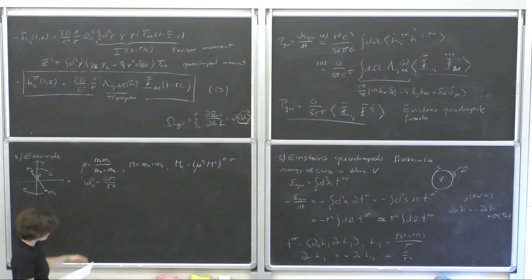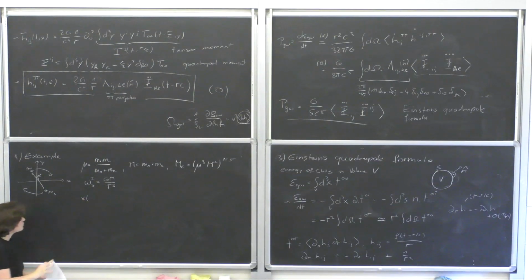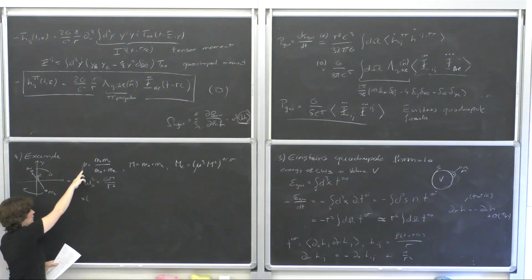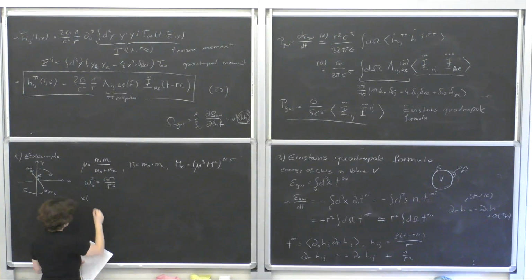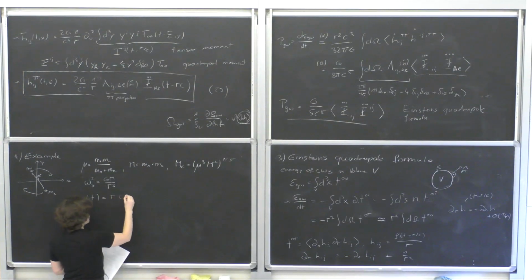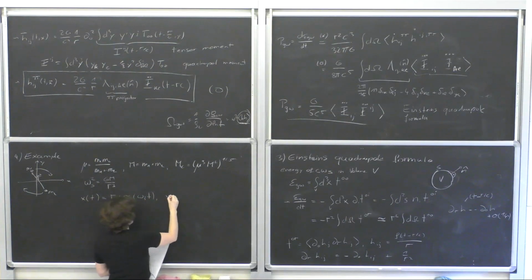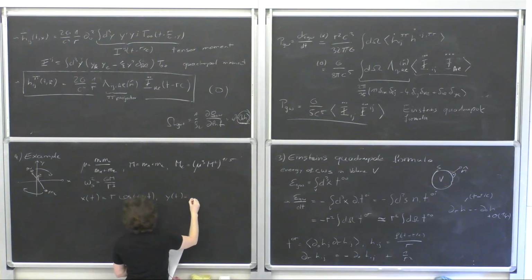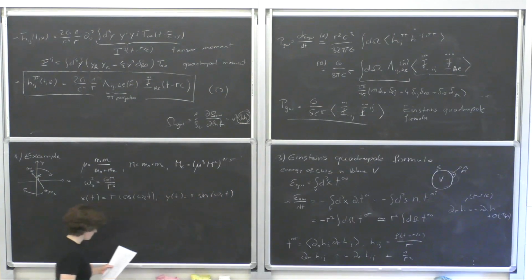So for the reduced system, in the coordinates of the relative distance and the reduced mass, x as a function of t will just be r cos omega s t, and y is just r sin omega s t. I've dropped the phase because it doesn't matter.